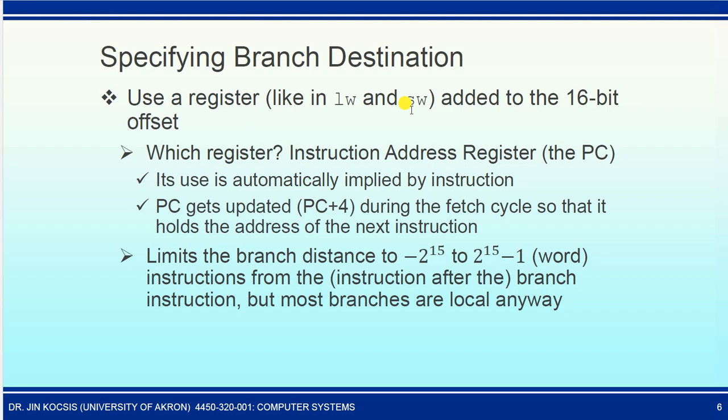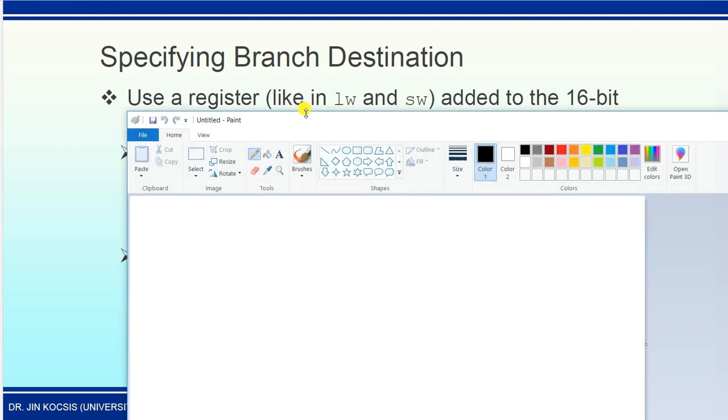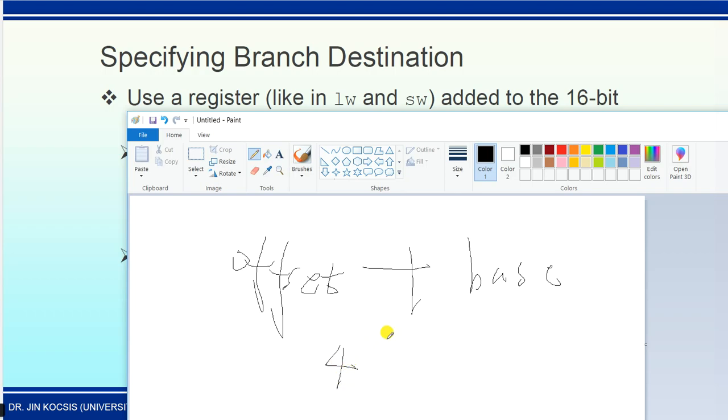Instead, we represent that memory address as the offset, just right here, plus the base address, right? So in other words, for example, if the offset is 4 and the base address is contained in the register as 0, we can represent the real memory address as the following.